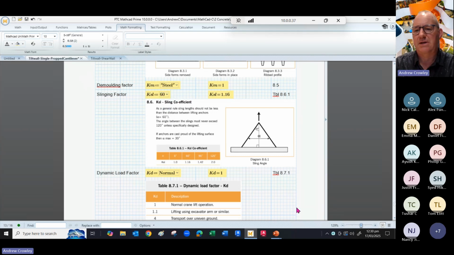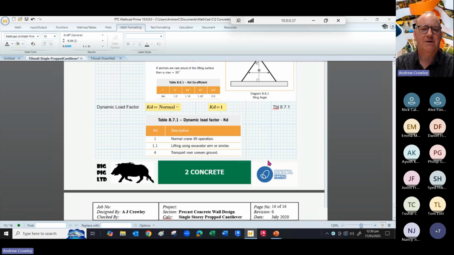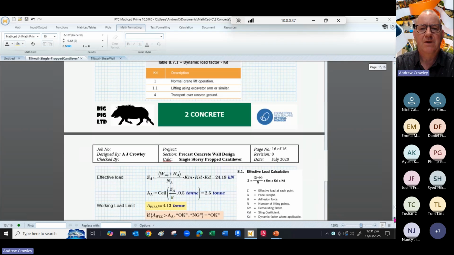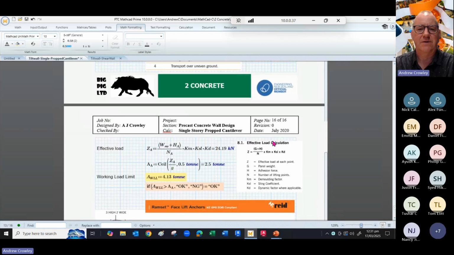So let's say 60. We've also got a dynamic load factor, a KD, for this. For normal operations, it will be 1, but if you're going to transport the thing on its anchors across rough ground, it's going to be 4. That makes quite a big difference. And the way you handle it makes a difference, whether you're doing a standard crane or an excavator.